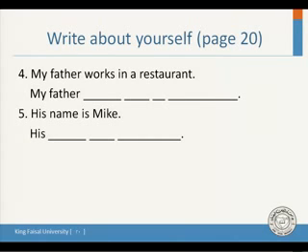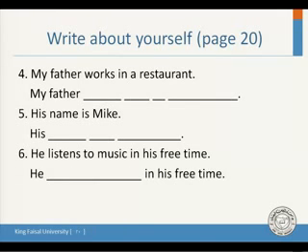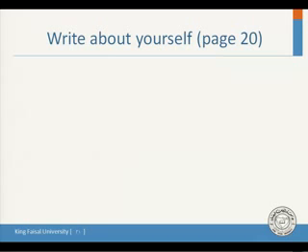His name is Mike. Write a sentence about your father's name. He listens to music in his free time. What does your father do in his free time? He what? Reads books, reads the news, watches TV, whatever.